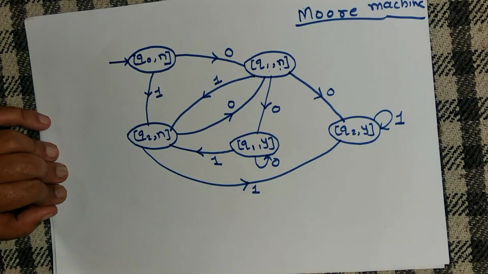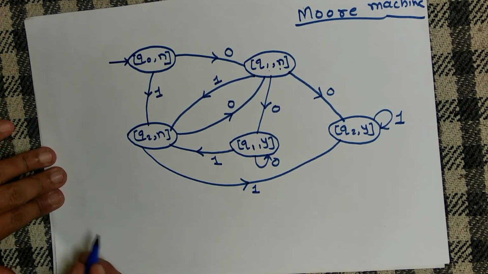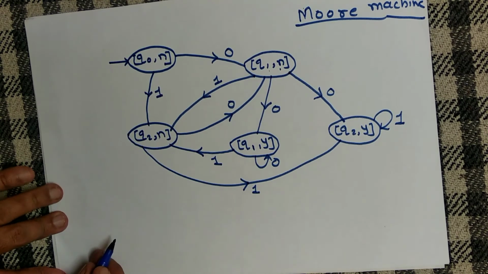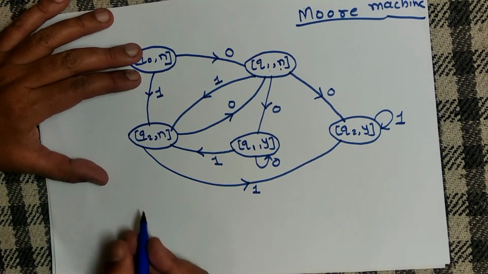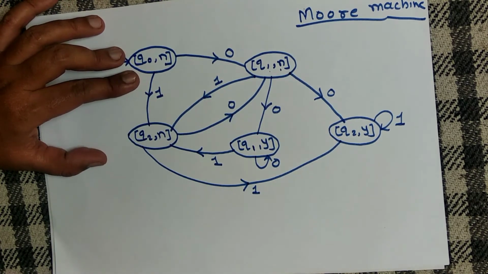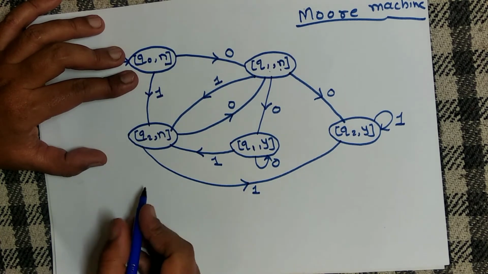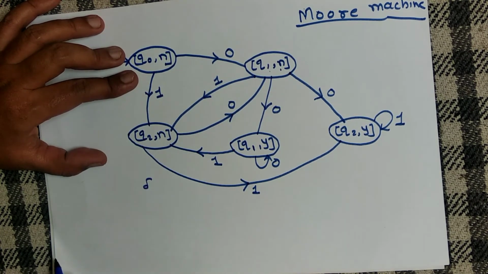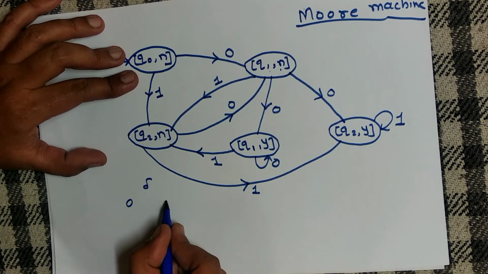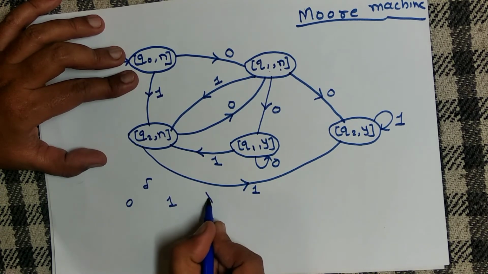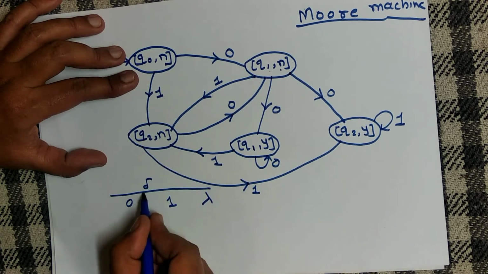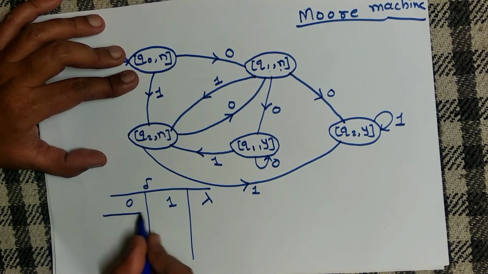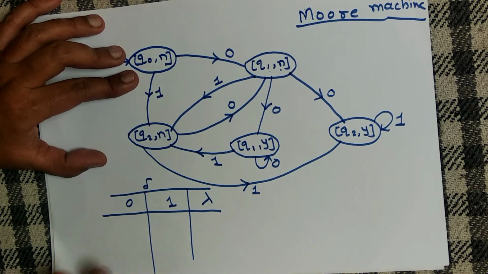Okay, now the last step is to write down the delta. Make the columns in this manner. We are writing the delta over the input 0 and 1 and the lambda. We have to write the output also. How many states are there?